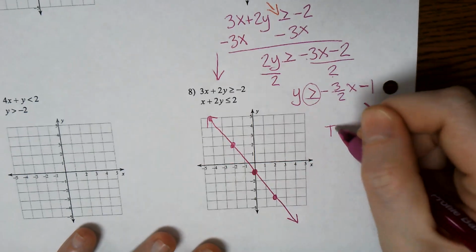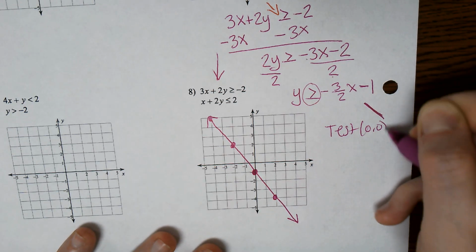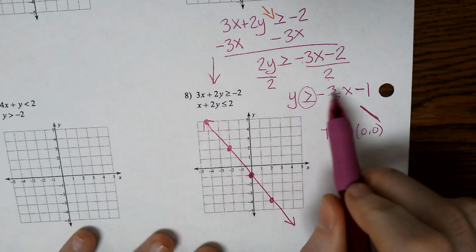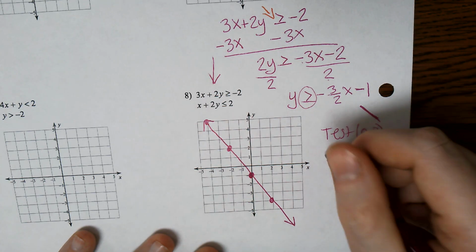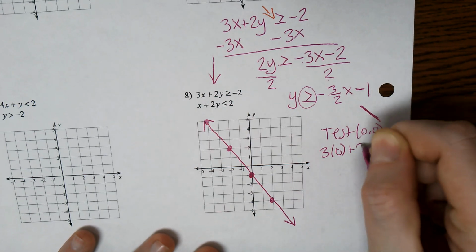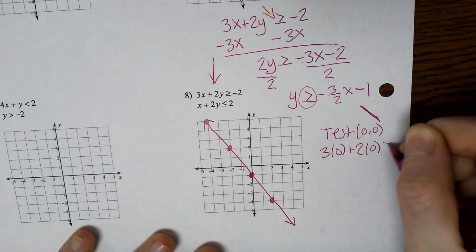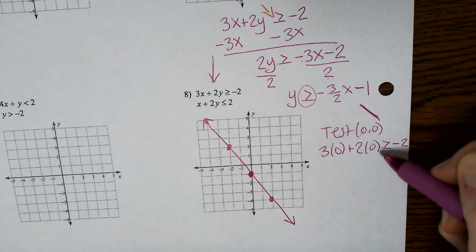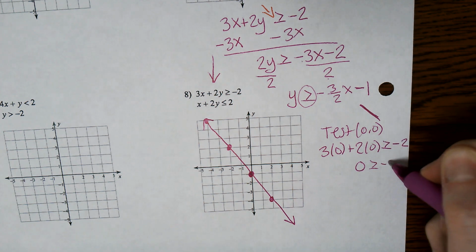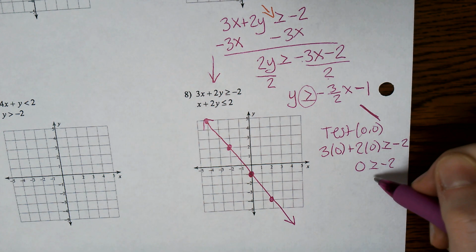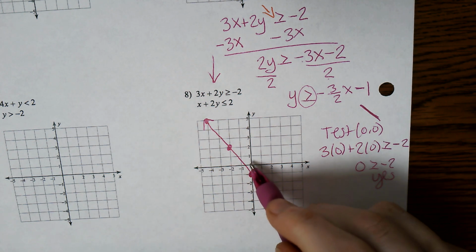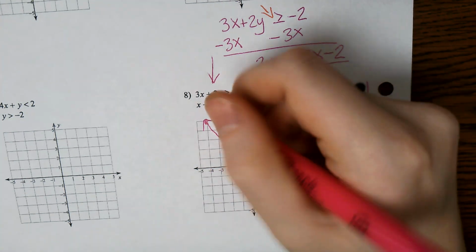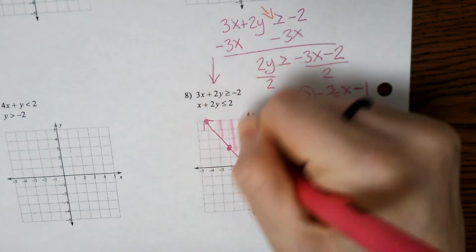I'm going to pick my test point of 0, 0. So I'm going to plug 0 in for x, 0 in for y. You could also plug it in right here. 3 times 0 plus 2 times 0. I'm asking myself, is that bigger than or equal to negative 2? Well, over here this simplifies to be 0, and 0 is bigger than or equal to negative 2. So I am going to shade the side where 0, 0 was. So I'm going to shade this side right here.